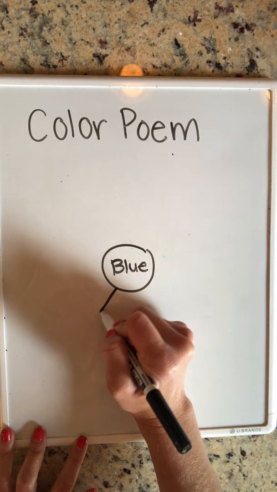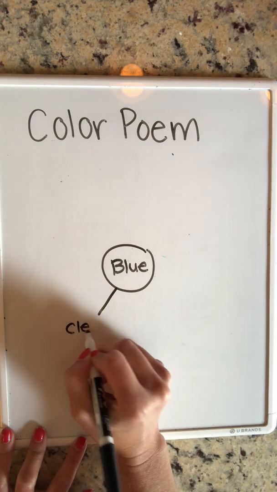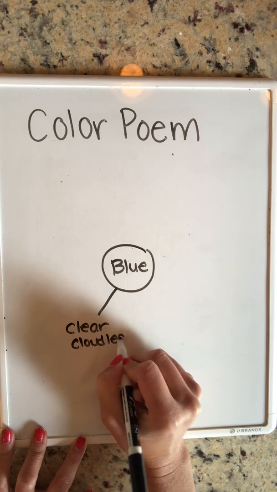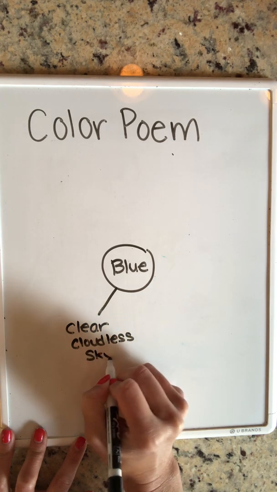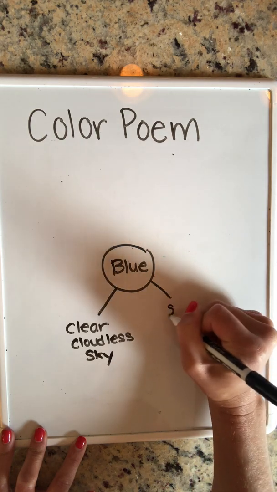The first idea I have is that blue looks like a clear, cloudless sky. The next thing I'm thinking that blue looks like is sparkling ocean water.